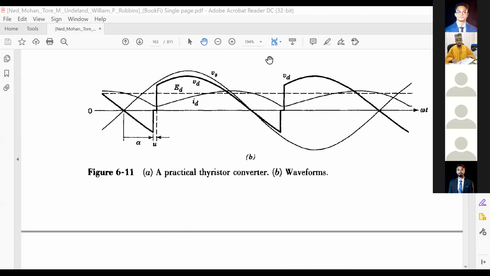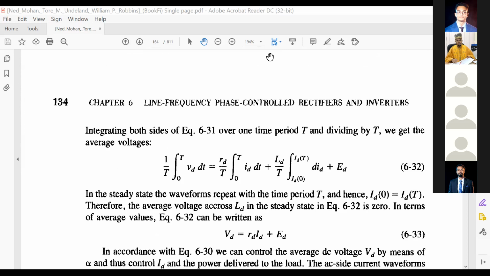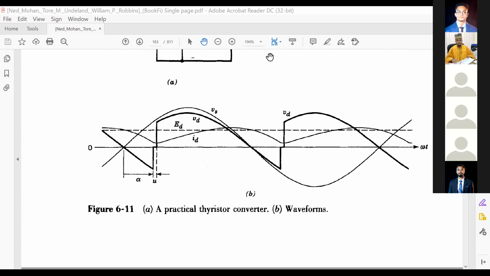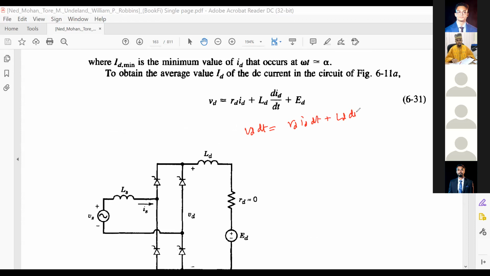Very interesting thing. So integrating both sides of equation 6.31, that means this one. Okay, let us write them. So VD dt, multiplying by dt, RD ID dt, then LD dID, then ED dt.